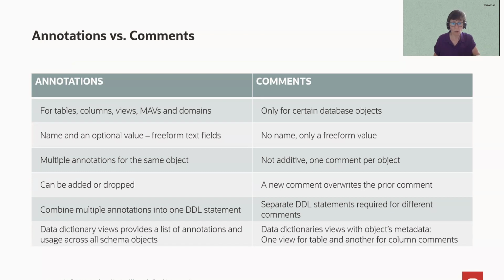They can be added or dropped with the alter table command, and combined with multiple annotations. And what is interesting, the data dictionary views show all the annotations across all the schema objects. In the case of comments, it's only according to the object's metadata.